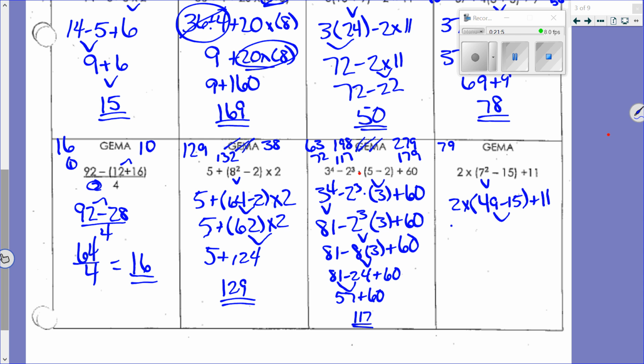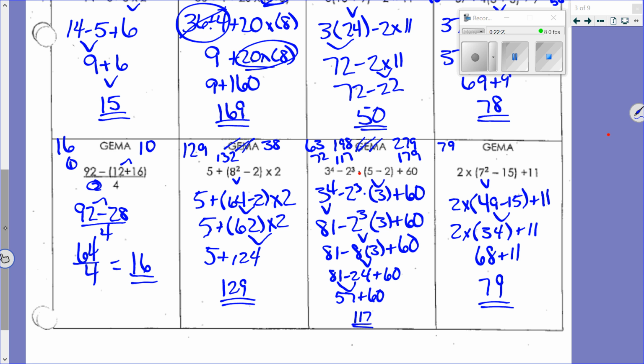So 49 minus 15 gives me 34 plus 11. 2 times 34 gets me 68 plus 11, which is 79 again. Okay? Questions on this page? Yes, Graham. 7 squared means that base of 7 times itself twice. 7 times 7.